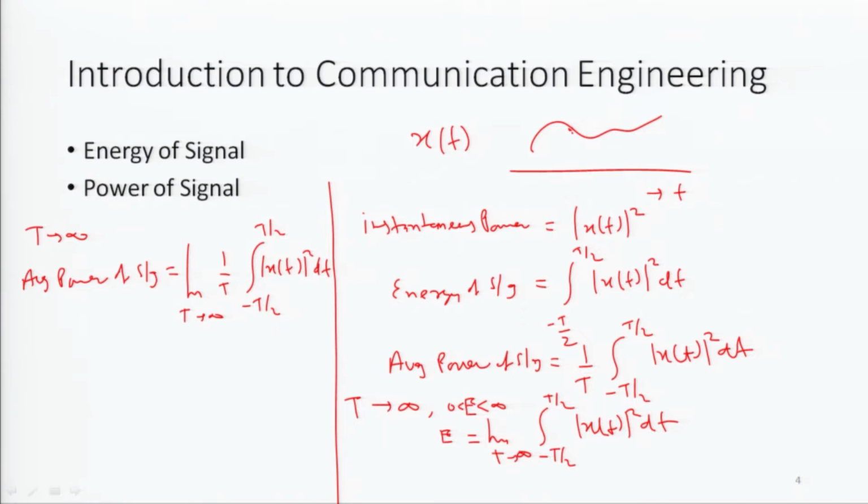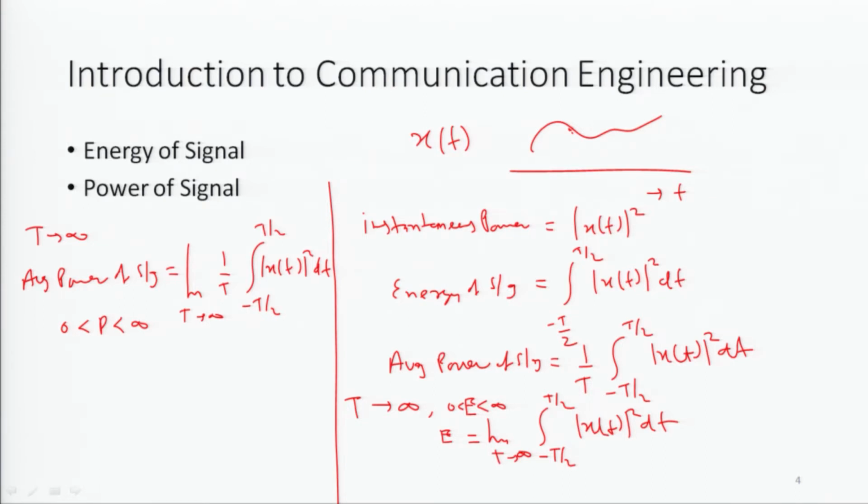And here again, if this power P is a finite value, lying between 0 and infinity, then that signal is known as a power signal, and its power can be calculated using this.